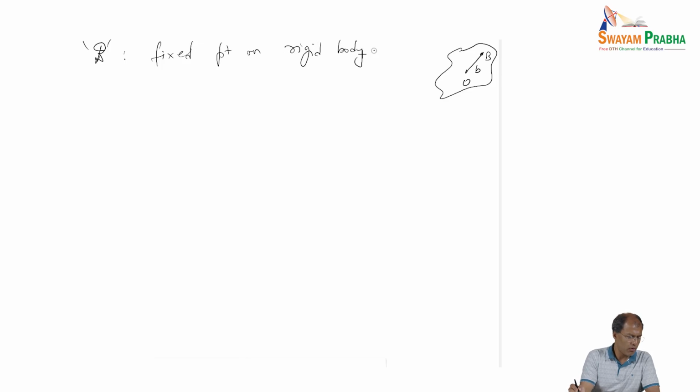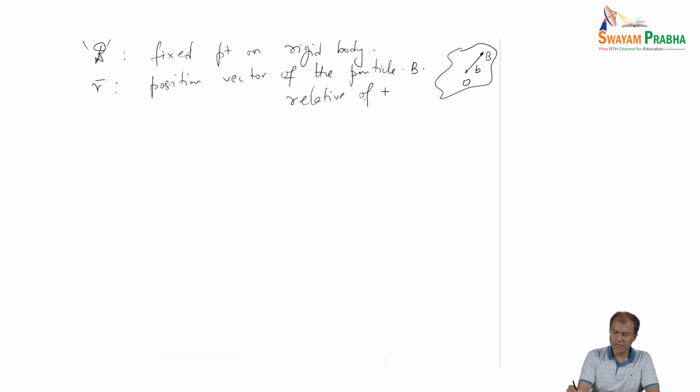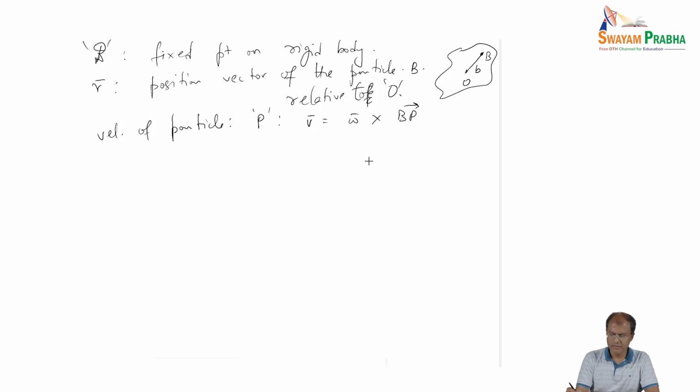Then R is the position vector of the particle P relative to the origin O, and in that case the velocity of the particle P is given by V equals omega cross BP, P being the position vector of the particle.